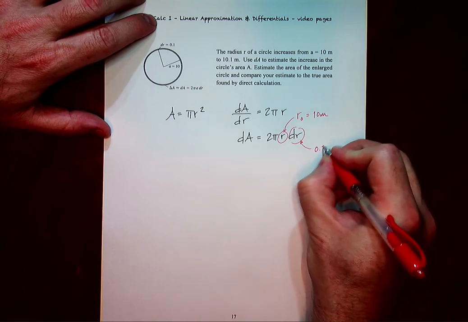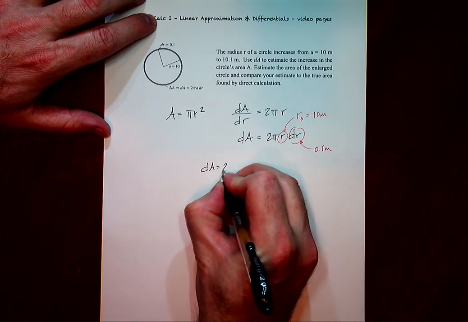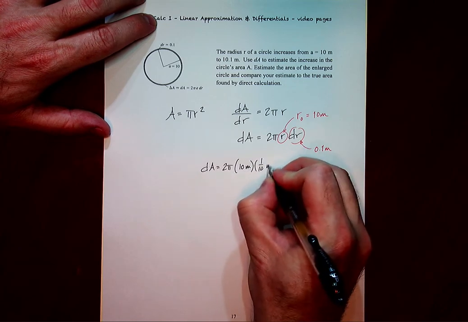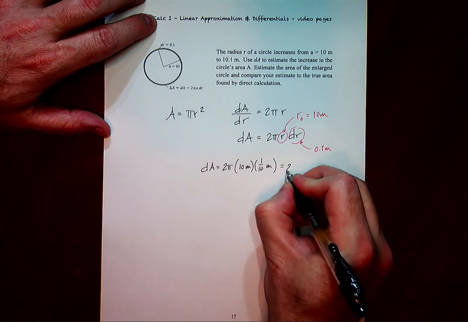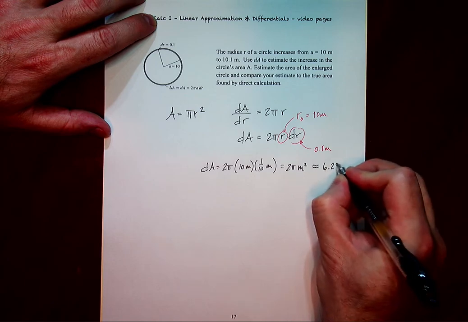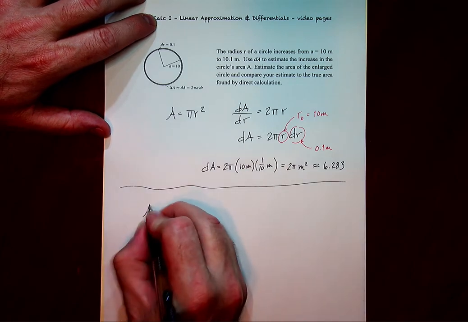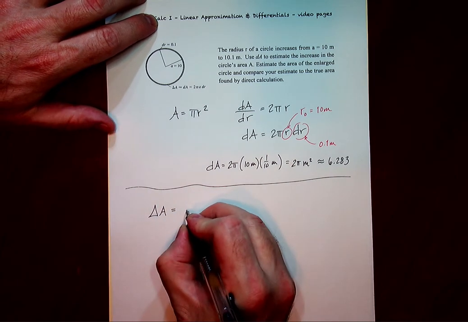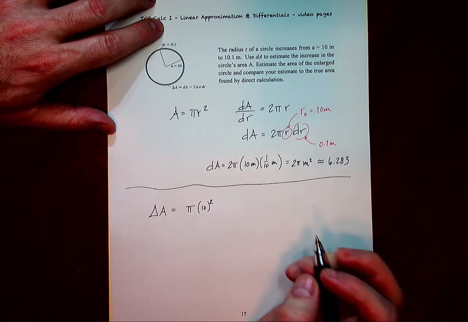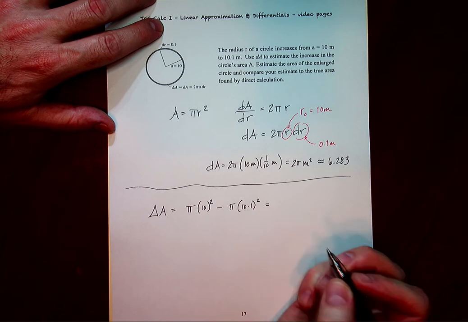So 0.1 meters. And so my dA is going to be 2 pi times 10 meters times 1/10 of a meter, and thankfully those kind of cancel out. So you get 2 pi meters squared, and 2 pi approximates to 6.283. Now, if you're looking for the actual delta A, you know that it's going to be pi times 10 squared, because 10 is where it started, minus pi times 10.1 squared, because that's where it wound up.